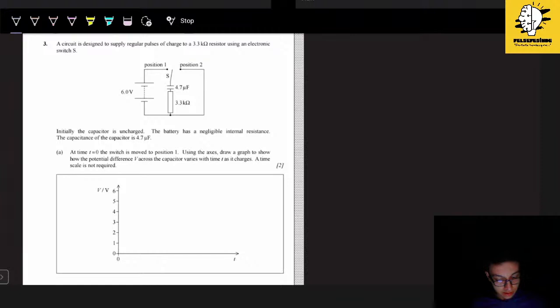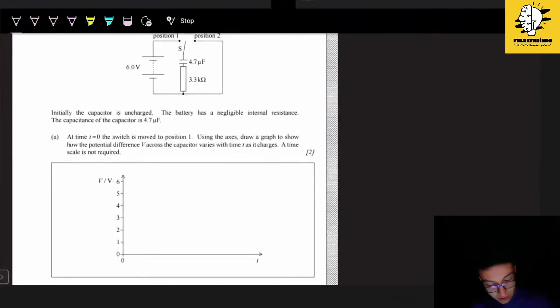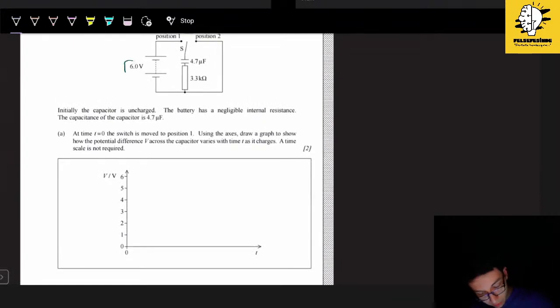So it says at time 0, the switch is moved to position 1, and draw a graph of how potential difference V across the capacitor varies with time t as it charges. A time scale is not required, so we can say that we have 6 volts over here, so our maximum value will be 6 volts.